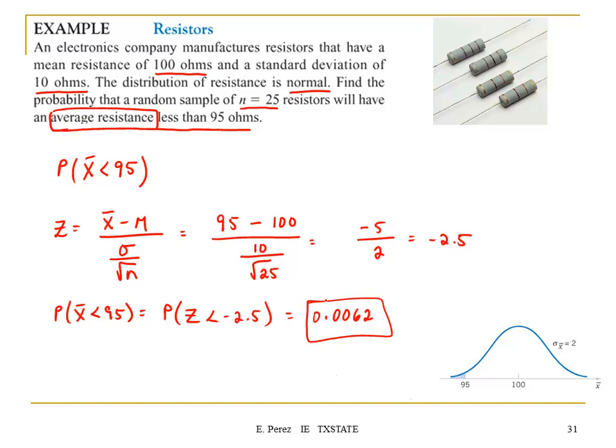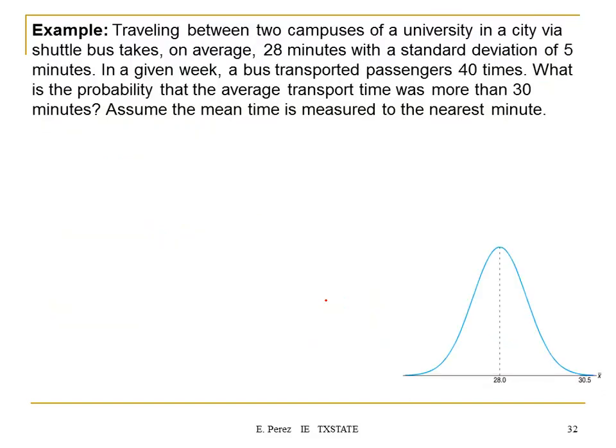Any questions? Okay, I'm going to go do another example. In this problem, we have a traveling between two campuses of a university in the city via shuttle bus takes on average 28 minutes with the standard deviation of 5 minutes.